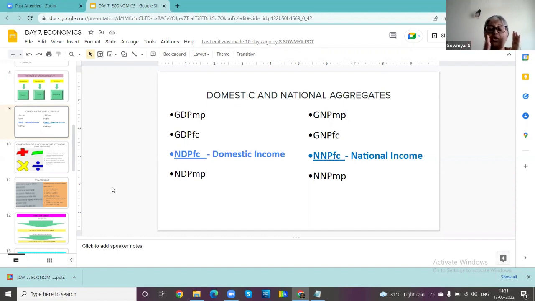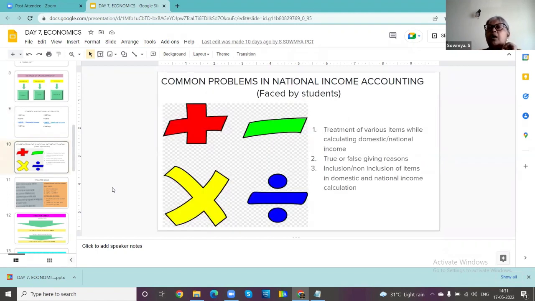That is why your domestic income, your national income is always a net concept and it is always at the factor cost and not at the market price, because market price is escalated by the extent of the indirect taxes and of course subsidy is not accounted for in that, right? So after introducing this, we can go on to further topics.